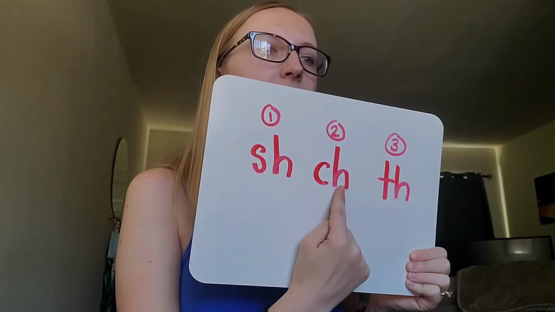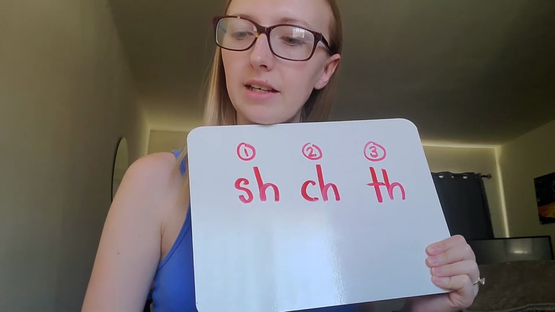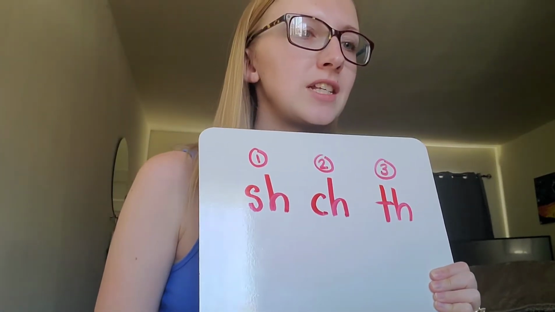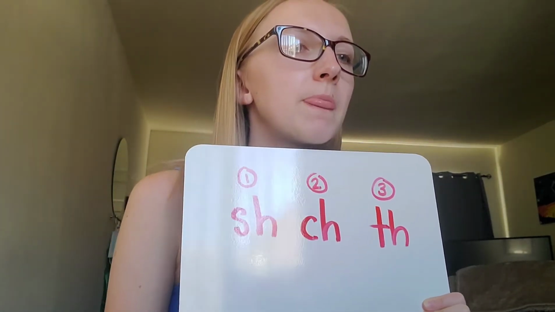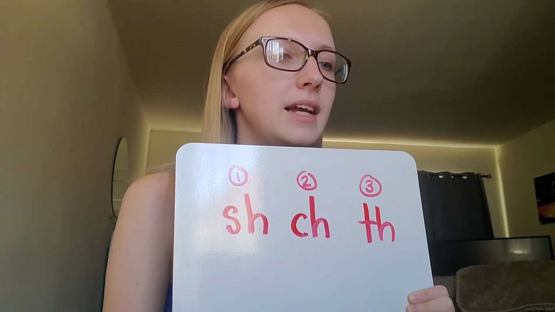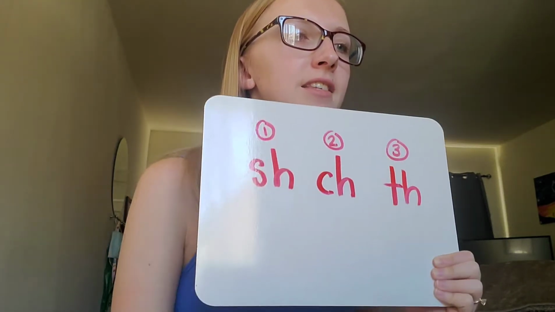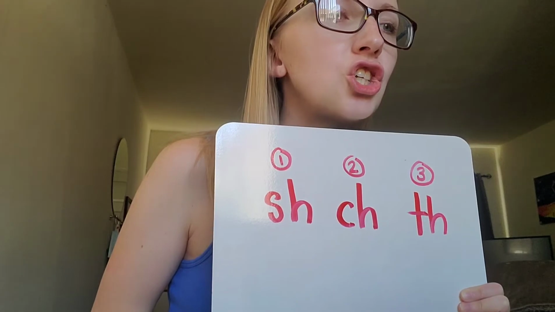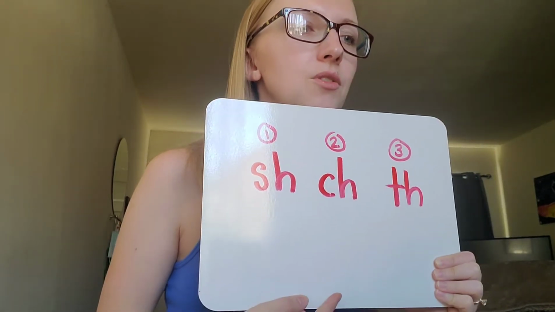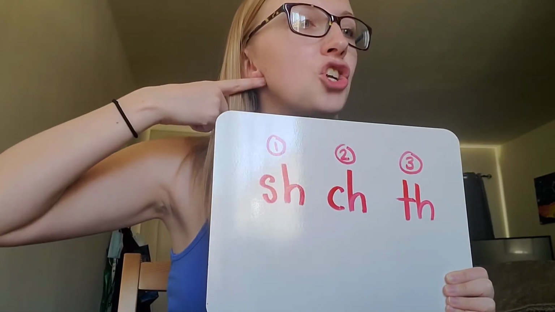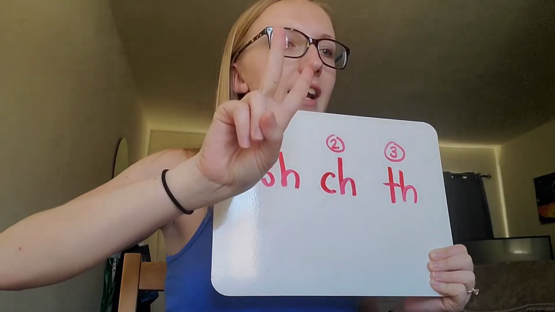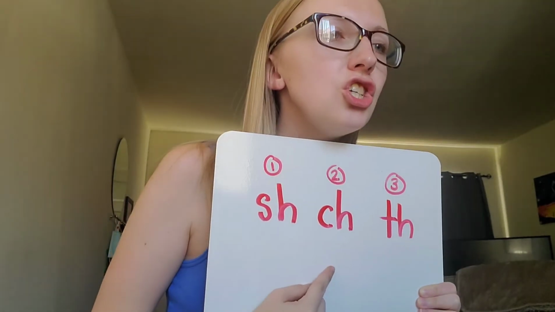It has ch at the beginning. Sound number 2. Okay, let's think of our next word. Our next word is chess. Chess. Like I'm playing a game of chess. Chess. What do you hear? It's at the beginning. Chess. Yeah, sound number 2. Chess.